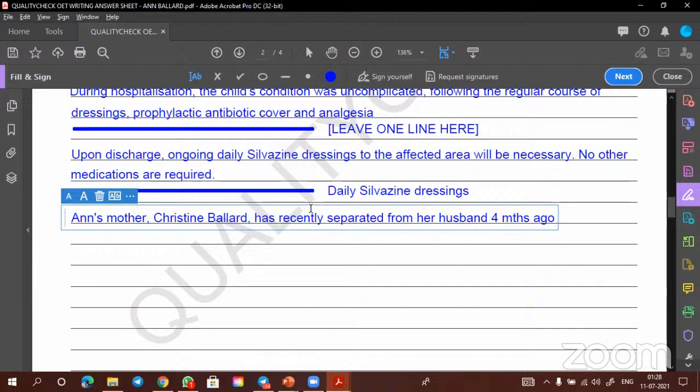If you do not write recently, then just remove recently, and you also have to remove has because you are saying 4 months ago. 4 months ago means past tense. So we don't want to write in past tense. It's a present condition we are writing. So remove 4 months ago and say recently. So has recently separated from her husband, comma, the next one.